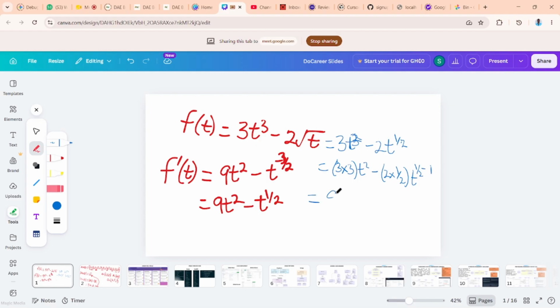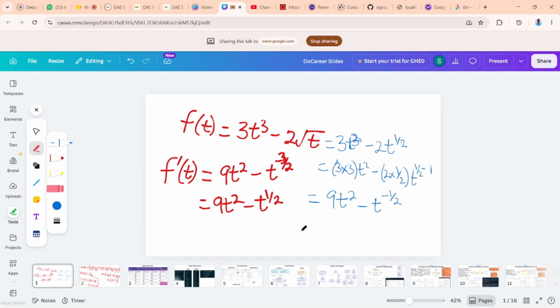That will give us 9t squared minus, the 2 times half cancels to be 1, so t to the power 1 minus 2, which will be negative half. When I was mentioning it, I didn't mention the negative. So now rewriting this, it is negative half.